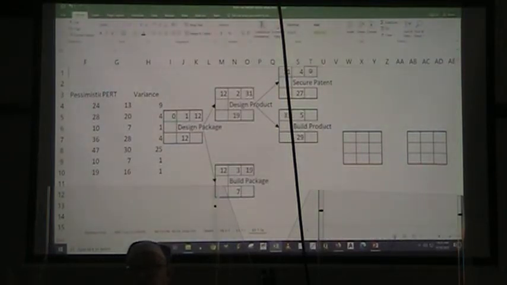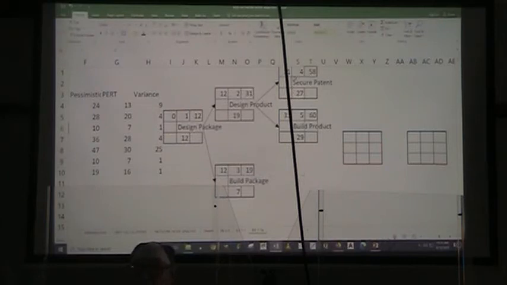All right, so the early finish time for those is going to be equal to the early start time plus the duration, and again, equals the early start time plus duration.